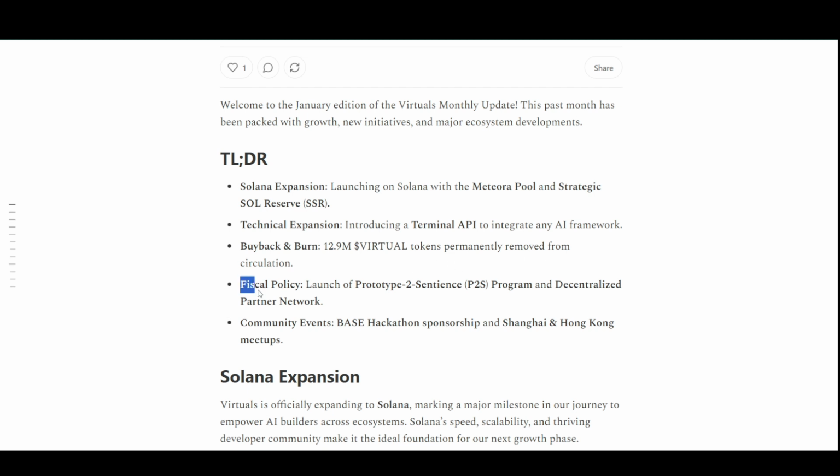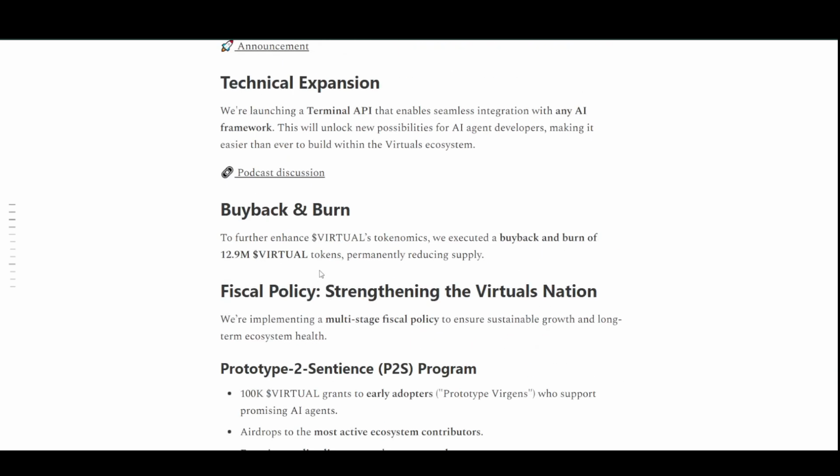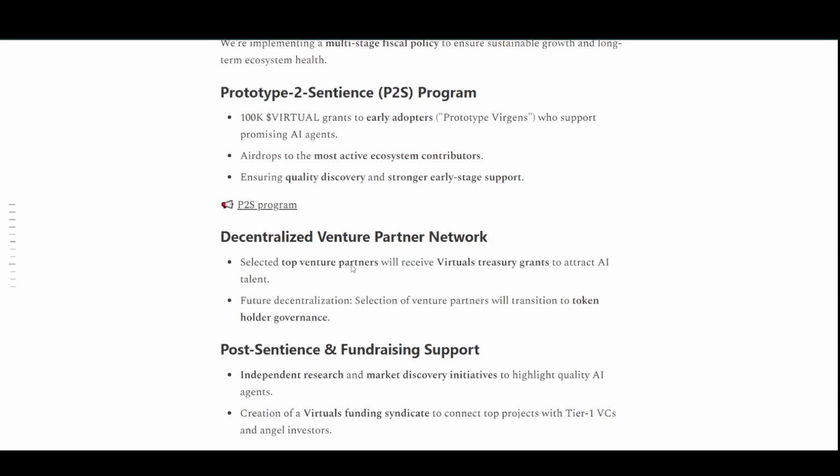They also had the fiscal policy launch of prototype 2 sentience, so that's pretty good. They also have community events, base hackathon sponsorship, and Shanghai and Hong Kong meetups, so that's pretty good news coming up from virtual. So they did this.